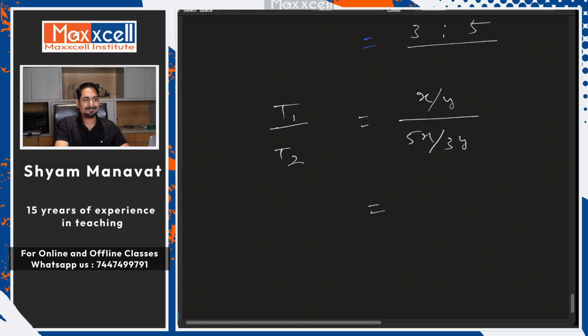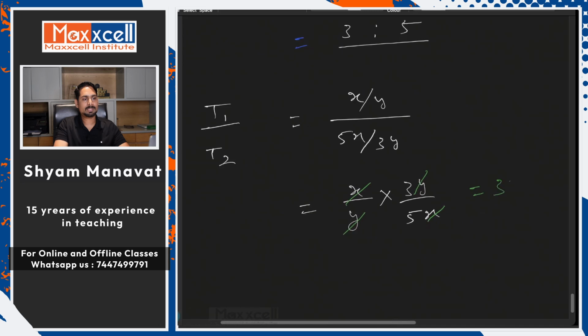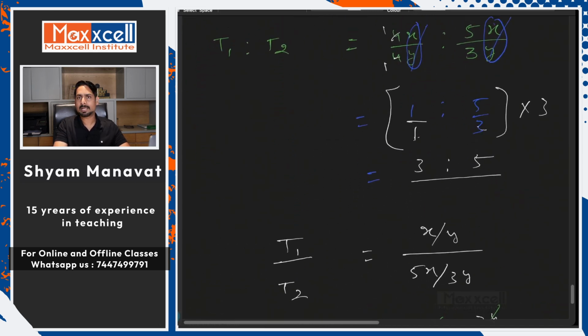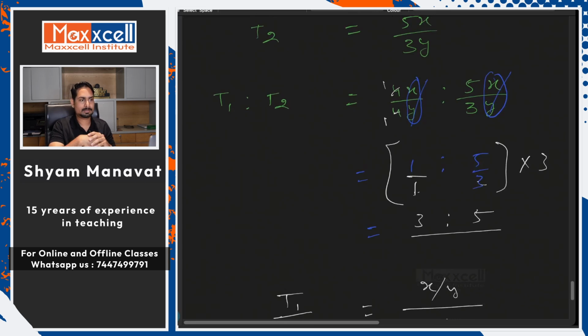So x upon y multiplied by 3y by 5x. This way y cancels, x cancels, so the ratio is simply 3:5. Same thing, yeah. I'm leaving this up to you, how you handle this.